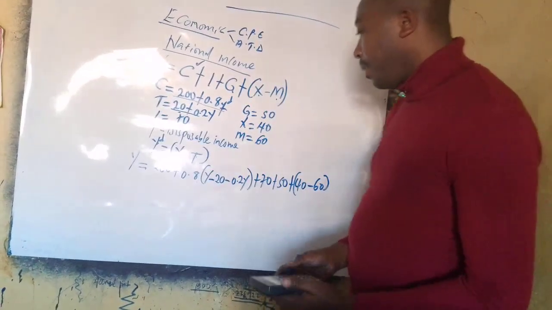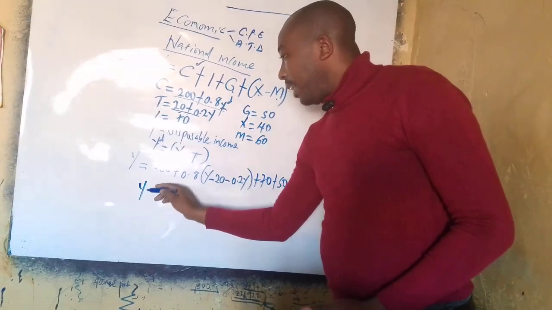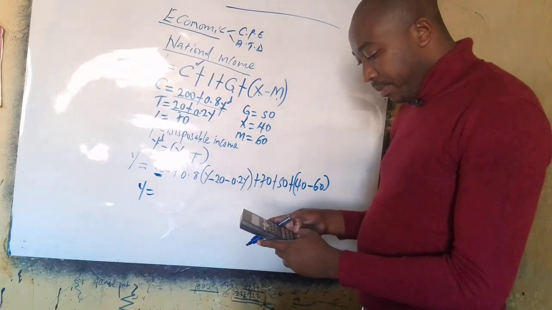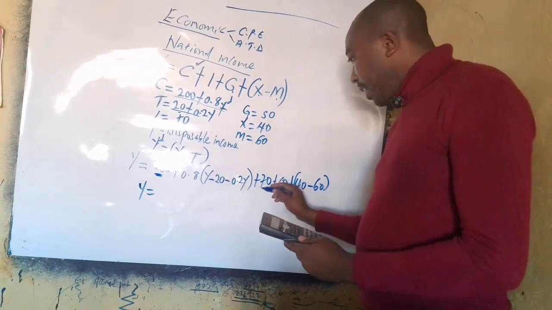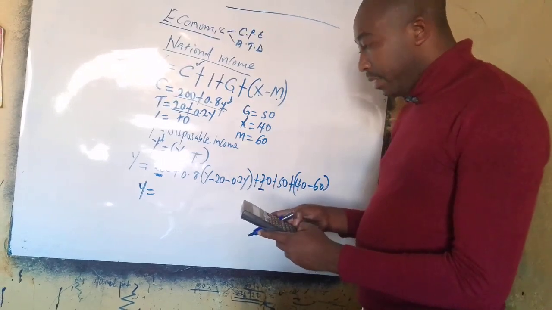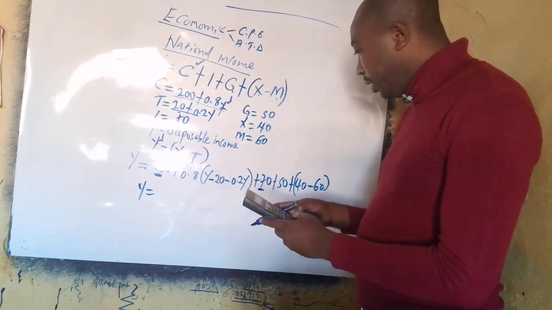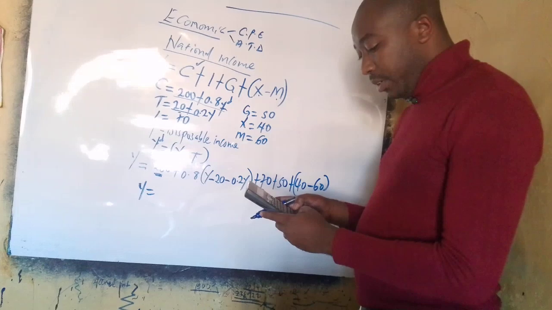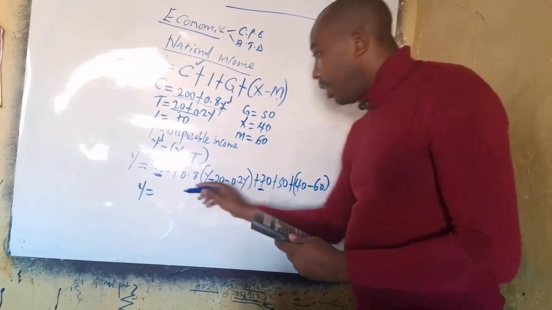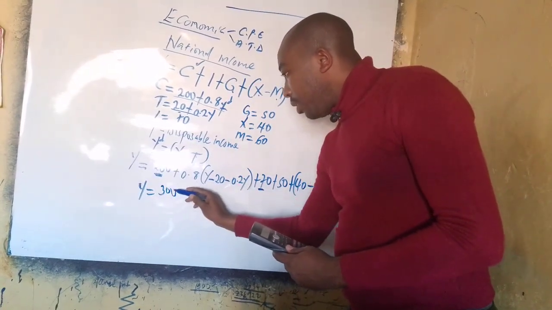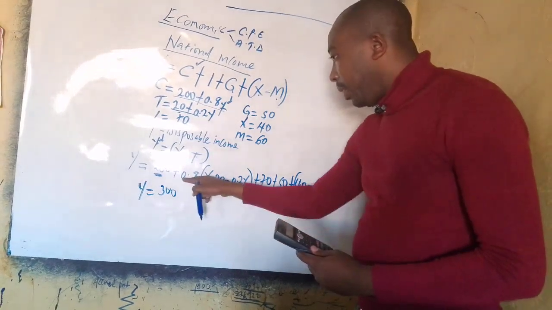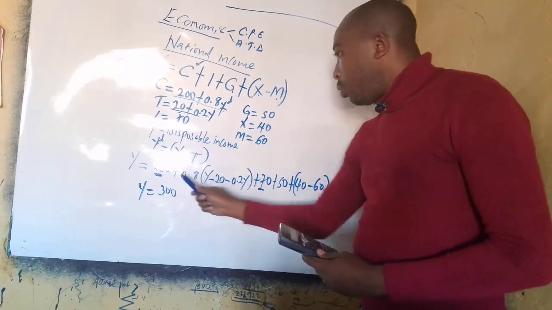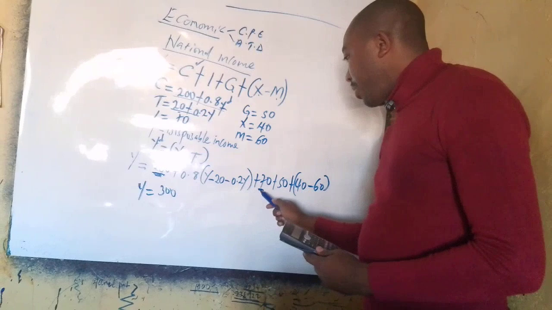So, first of all, like terms together, we have this 200, so I take 200 plus 70 plus 50 plus 40 minus 60, before I open the bracket. I'm getting 300. Then I come here to these brackets. First of all, I have decided to do away with the numerical.